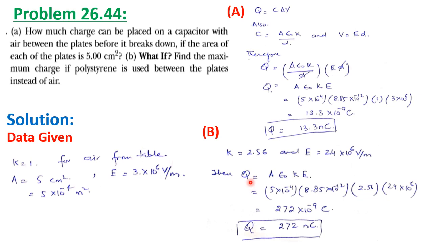So simply Q, from here we know that it is A epsilon kappa E. Just fill in the values and you'll get 272 into 10 to the power minus 9 coulombs. Again, minus 9 is nano, so 272 nanocoulombs.